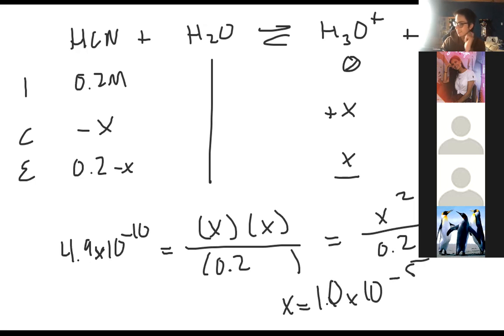Since we know this is equal to our concentration of protons, we can determine that pH is equal to negative log of X. And we could plug in 1 times 10 to the negative 5 for X, and we get pH to be, let me see, negative log of 10 to the negative 5, which is 5.